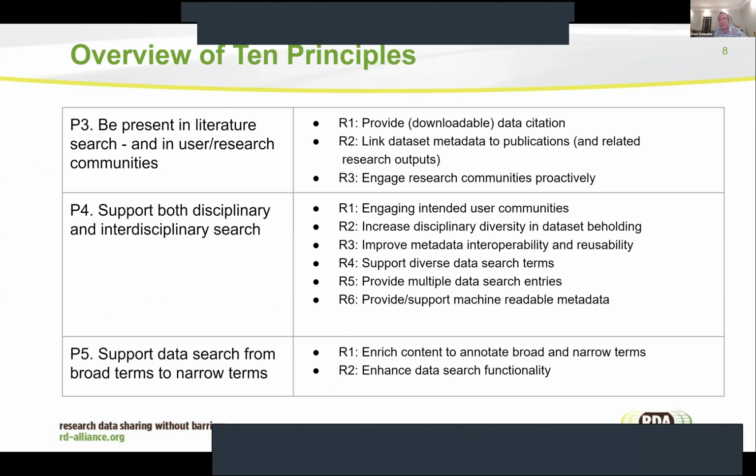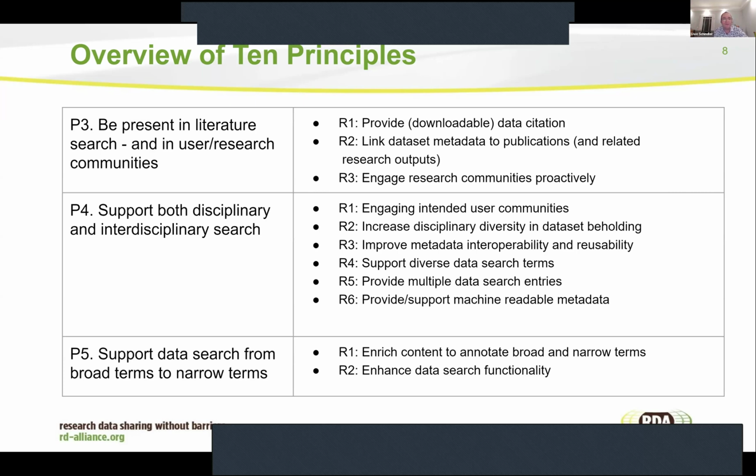The third principle is also very important: be present in the literature search. It is really important that your data is cited, so you have links to the data in the citation bibliographies of your papers. In that case, there should be downloadable data citations, link metadata to publications and related search output. And you should engage your communities proactively to include that.